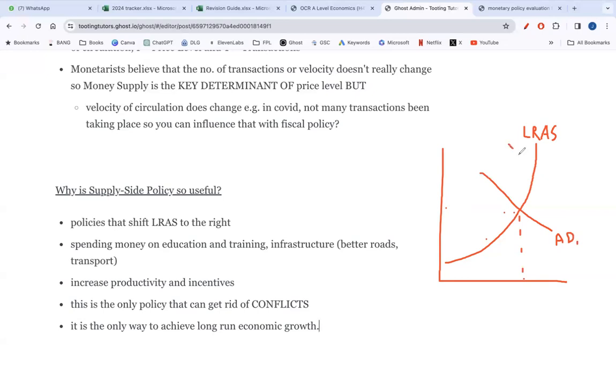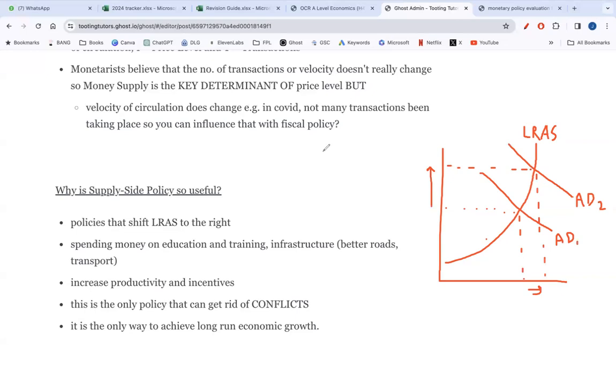So if I do it now, whoa, look at this. This only goes up this much, and my price level goes up this much. That inflation is way too high. It's like what is happening in the country right now. You know how everyone's saying cost of living crisis? That means very, very high inflation, isn't it?